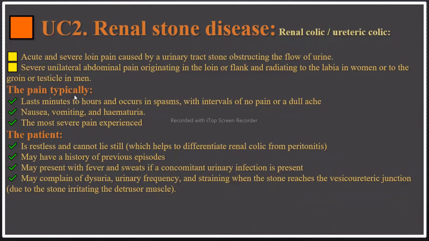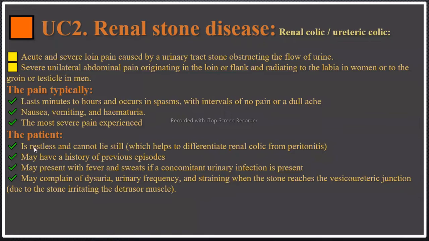But if the patient has had it for 2 days, it means infection, right? The pain typically lasts minutes to hours and occurs in spasms, with intervals of no pain or dull ache. Note vomiting in the scenario; hematuria may be present. The patient will say it is the worst pain they have experienced.